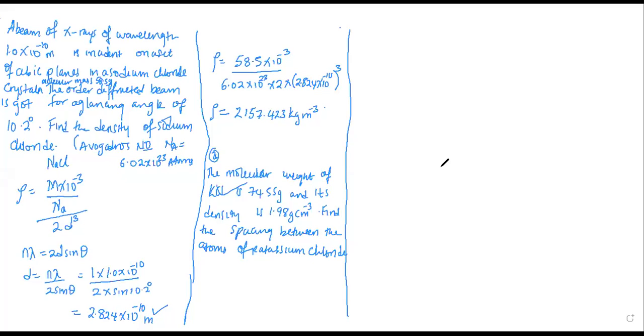This last example is what we call a reverse order. You have to look for the atomic spacing backwards. They have given you the density and the mass. Mass is equal to 74.55 grams. The density is 1.98 grams per cc.